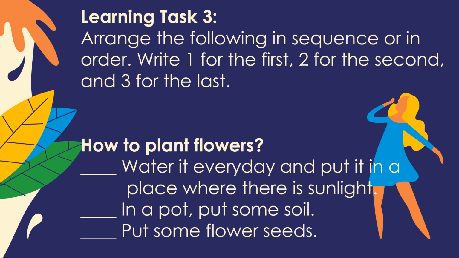Ano kaya ang sagot? Tama. Number 1 ay in a pot, put some soil. Number 2, put some flower seeds. And number 3, water it every day and put it in a place where there is sunlight.